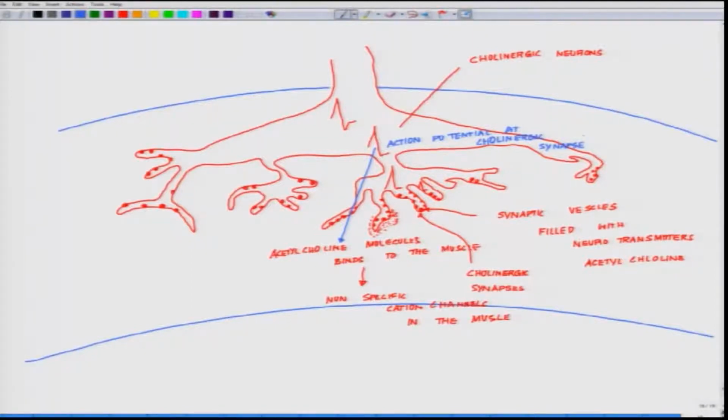These acetylcholine molecules are secreted at the cholinergic synapse, they bind to the muscle, and non-specific cation channels are opened in the muscle. Fair enough?